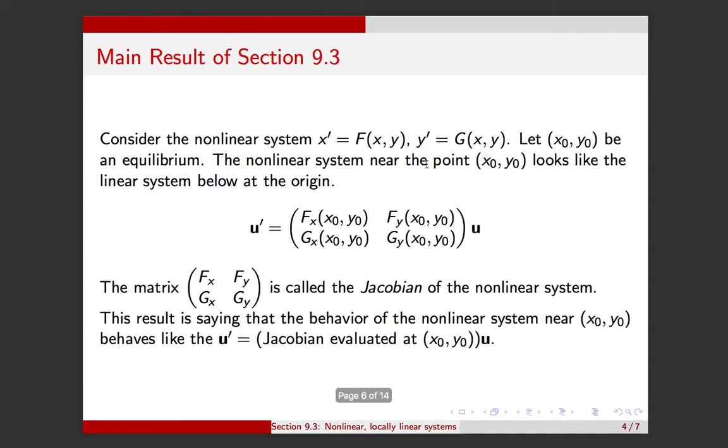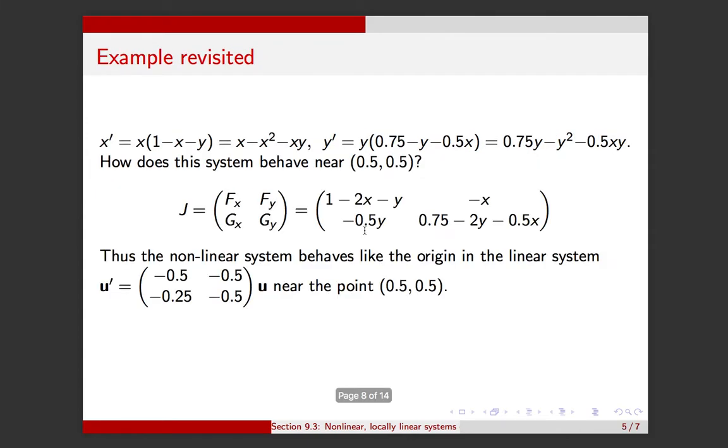Well, this previous slide says you build this matrix and then plug in the x naught and y naught values. In this case, x naught and y naught are both 0.5. So let me build that matrix. So the Jacobian is the x prime stuff partial with respect to x, and the x prime stuff partial with respect to y.